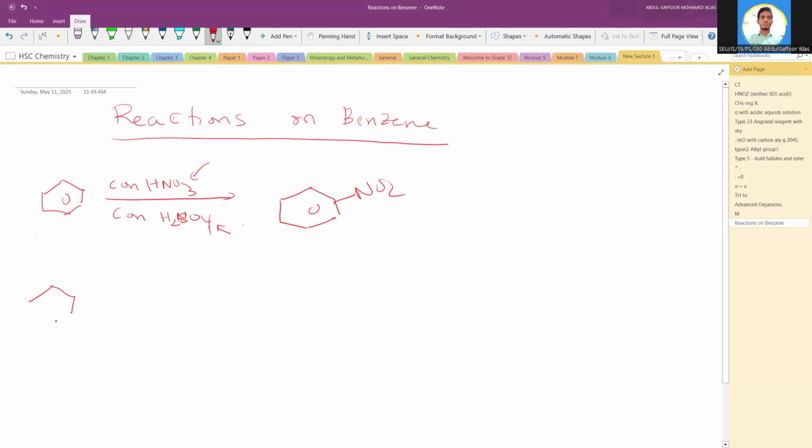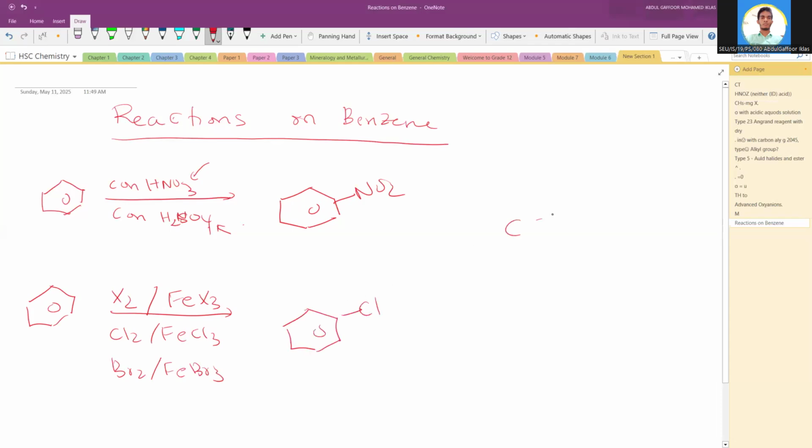And let's say we have benzene and we have to add a halogen, right? So we have to use X2 and FeX3, which means if you want to put Cl2, use FeCl3, if you want to add Br2, use FeBr3. Then the halogen will come and join. But if you have benzene with OH, the electronic repulsion is very high.